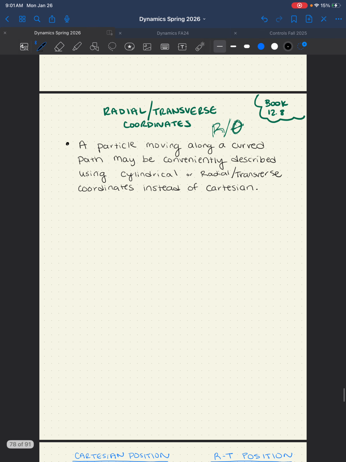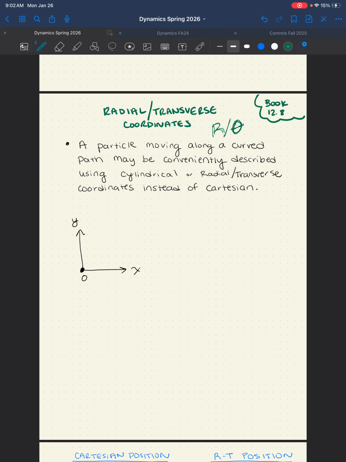The interesting thing about the radial and transverse, or r theta, coordinate system is that you have to define two extra quantities to fully define it. The very first thing we have to define is an origin. I like to put my Cartesian coordinate system there, out of habit, and to compare between the Cartesian system and the radial and transverse that we're about to draw.